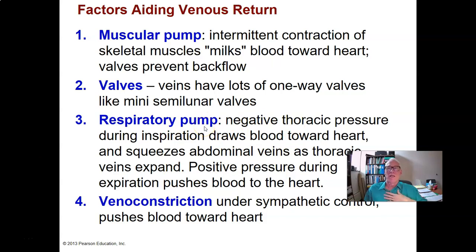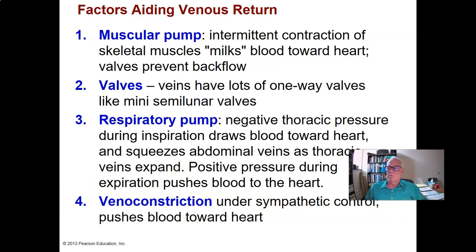But lowering the pressure in the thorax also draws blood back to the thorax from every which way. And so that blood is coming to the heart, and it can never go back, of course. When you expire air, the opposite happens, but the blood can't go back because there are valves in the veins. So the more deeply you breathe during exercise, the more you draw blood back to the heart, increasing venous return.